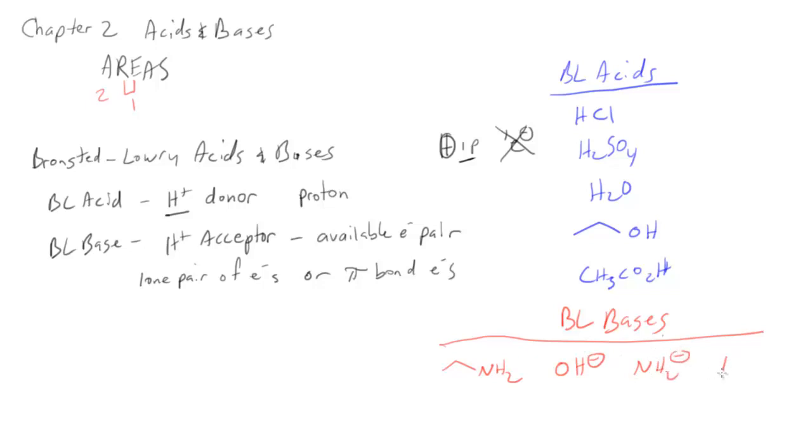It could be H minus, a hydride. Could be an alkoxide, which is an alcohol that has been deprotonated. Could actually just be an alcohol. Or water. Remember, there are 2 lone pairs of electrons on the oxygen in water, so water can be a Bronsted-Lowry base. And it could be alkenes. It could be carbonyls, things with carbon-oxygen double bonds. And those are just some examples.